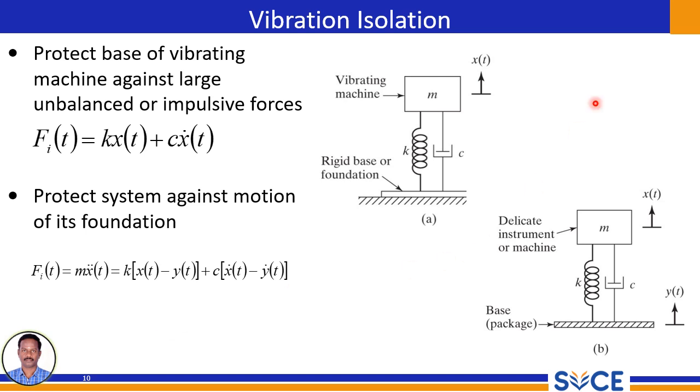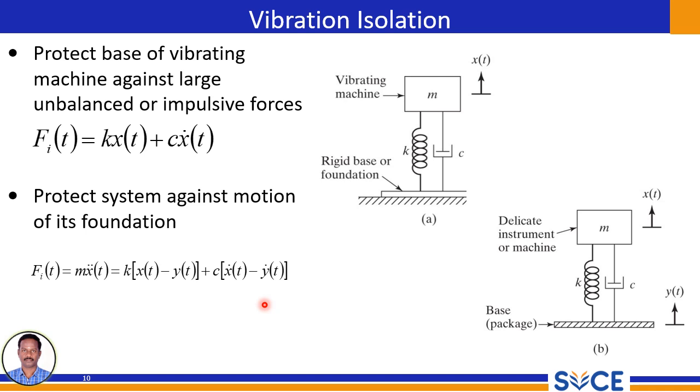What is the key difference? The key difference between these two scenarios is the source of vibration. In the first case, vibration originates from the machine itself. In the second case, vibration originates from the base. The equations reflect this difference, showing how the forces are related to the displacements and velocities in each scenario.